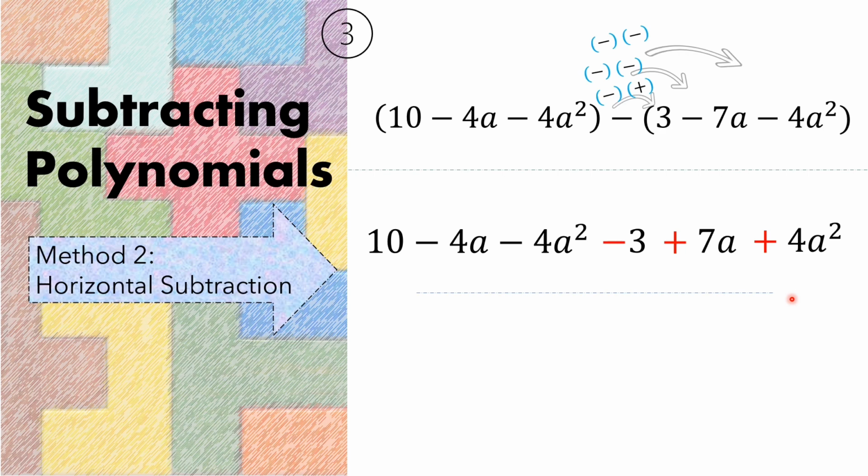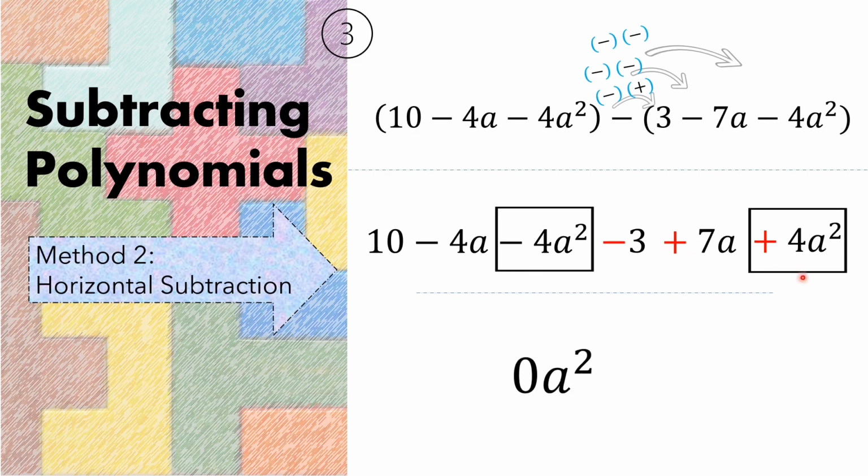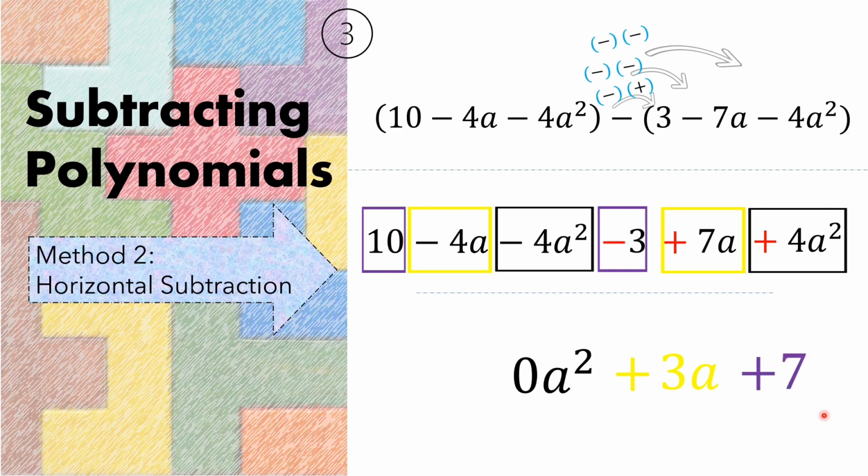Then combining like terms, negative 4a squared plus 4a squared is 0a squared, and then negative 4a plus 7a is plus 3a, and then 10 minus 3 is positive 7. Again, you don't need to write 0a squared. So the final answer is 3a plus 7.